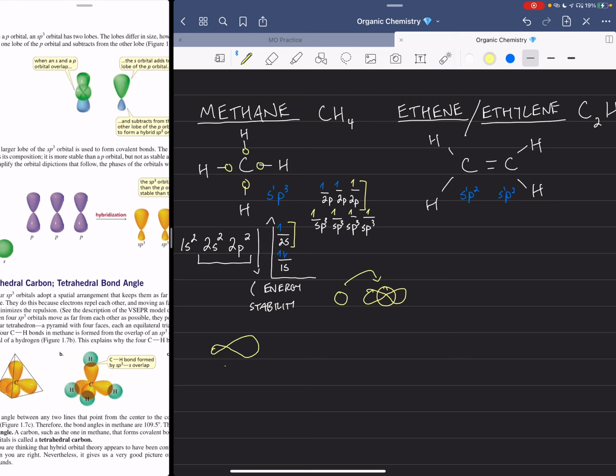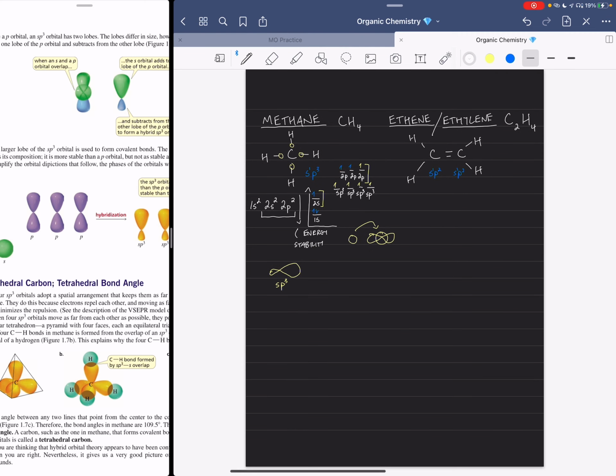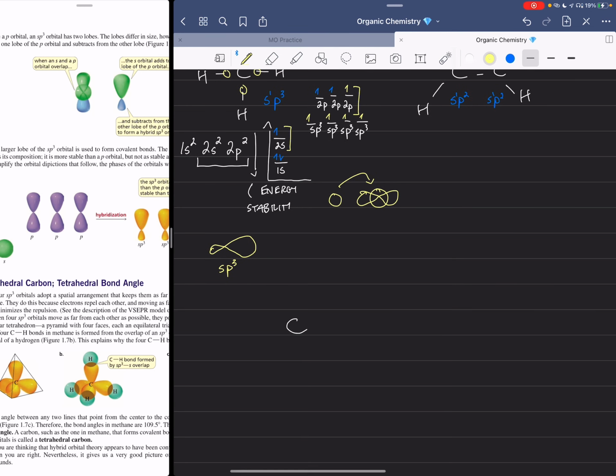Okay, this is an sp3. So from this carbon in methane, it's going to have these sp3 orbitals coming off of it. And that is what it's going to create.